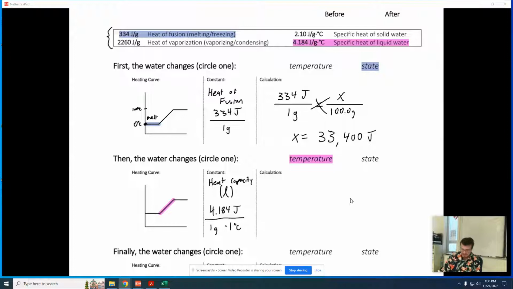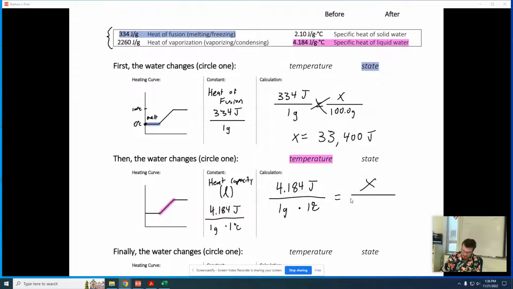So as we set up this calculation, I'm going to start off by saying it takes exactly 4.184 joules of energy to change 1 gram by 1 degree Celsius, but we do not know how much energy it's going to take for this step.